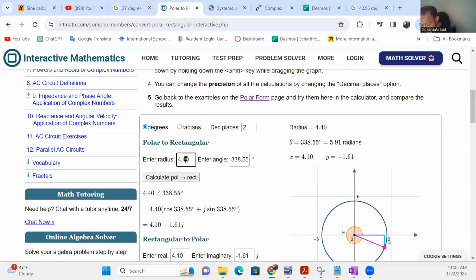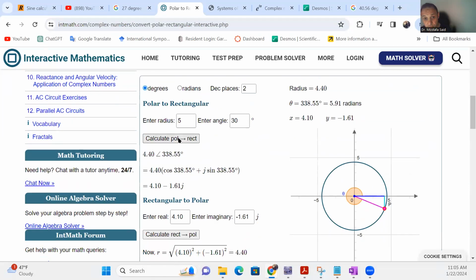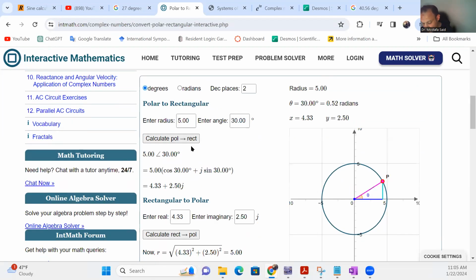So we need 5 angle 30. So you write here the radius. The polar form means polar, like a radius, and it goes into a circle. And here is the angle in degrees. Then we need to convert. So basically, we click here, calculate polar to rectangular form or Cartesian form. It has two names.